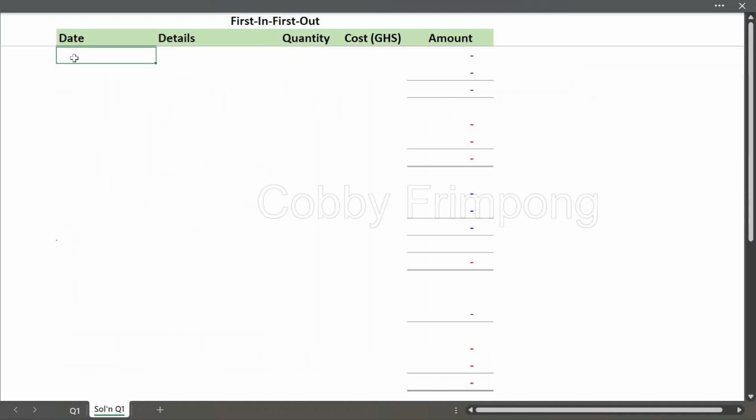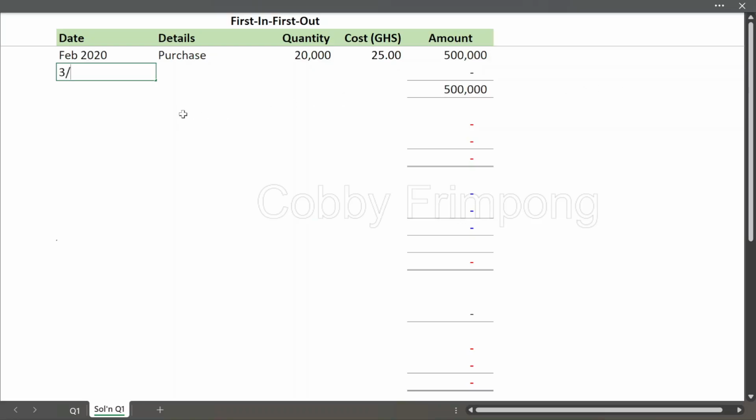February 2020, we made a purchase of 20,000 units at 25 Ghana cedis each, giving us 500,000 Ghana cedis.